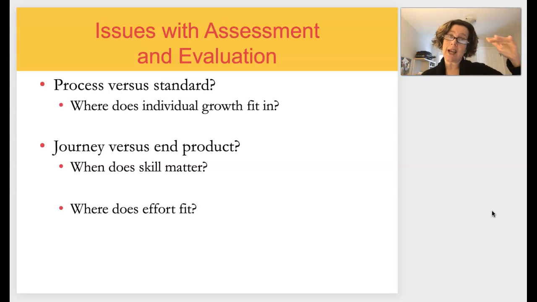Did they hit the standards or the grade level criteria? And if they did, it doesn't matter if they tried really hard or if they didn't have to try at all, they hit the criteria.